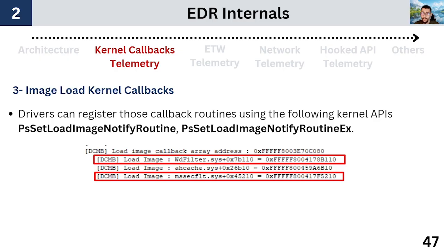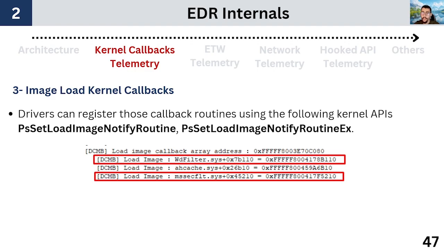The DCMB open source driver is configured to enumerate the callback routines stored in the PspLoadImageNotifyRoutine array inside the kernel. It provides detailed information about each registered callback, including driver name, identifying which driver registered the callback, and callback routine address, the memory address of the callback function.